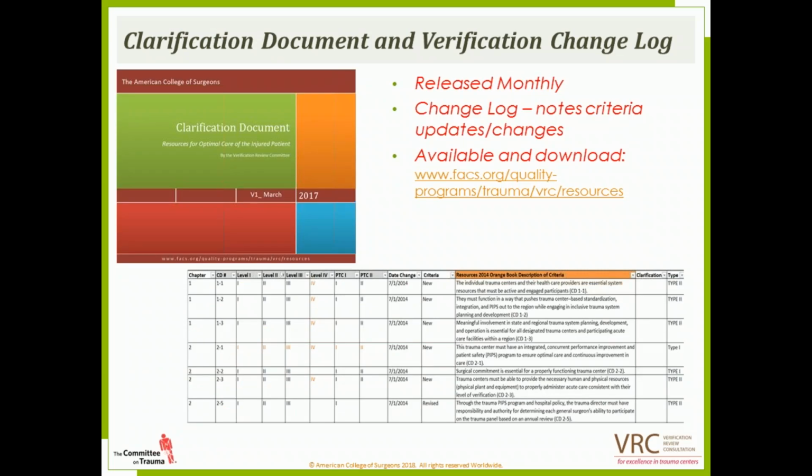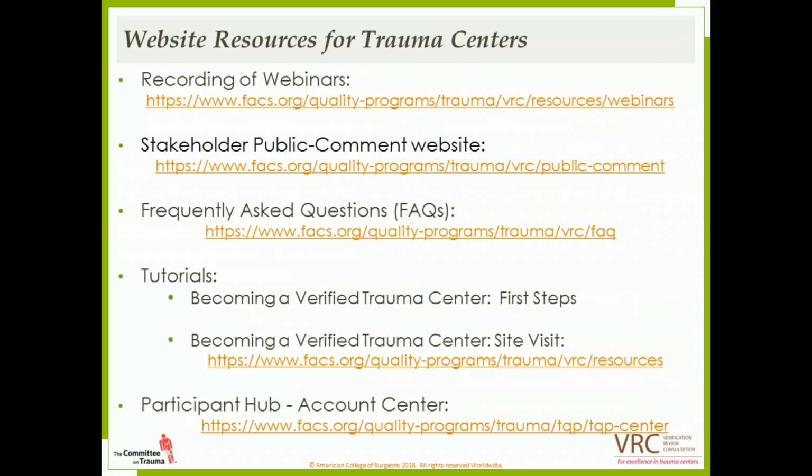And again, these are just screenshots of what the documents look like, and they're released monthly. We're going to release another update sometime either today or tomorrow with the latest changes. And again, these are available on the website.